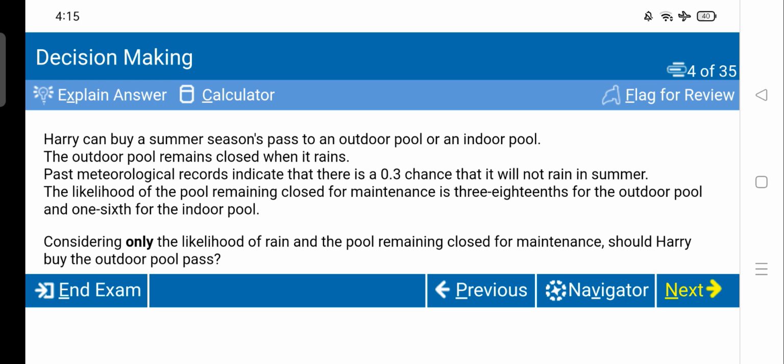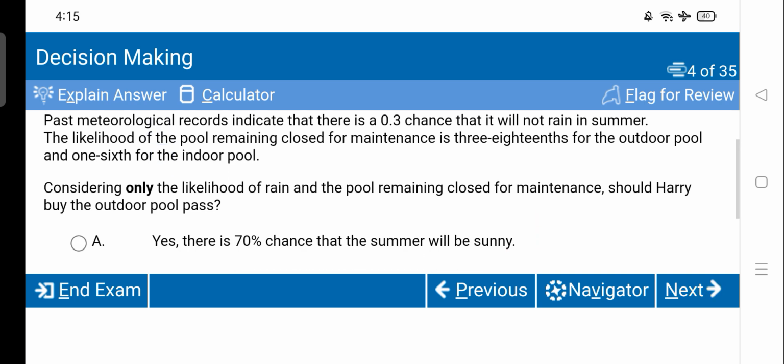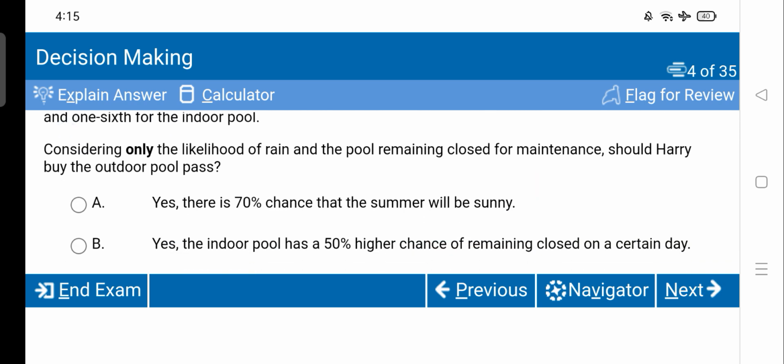The likelihood of the pool remaining closed for maintenance is 3/18 for the outdoor pool and 1/6 for the indoor pool. So considering only the likelihood of rain and the pool remaining closed for maintenance, should Harry buy the outdoor pool pass?